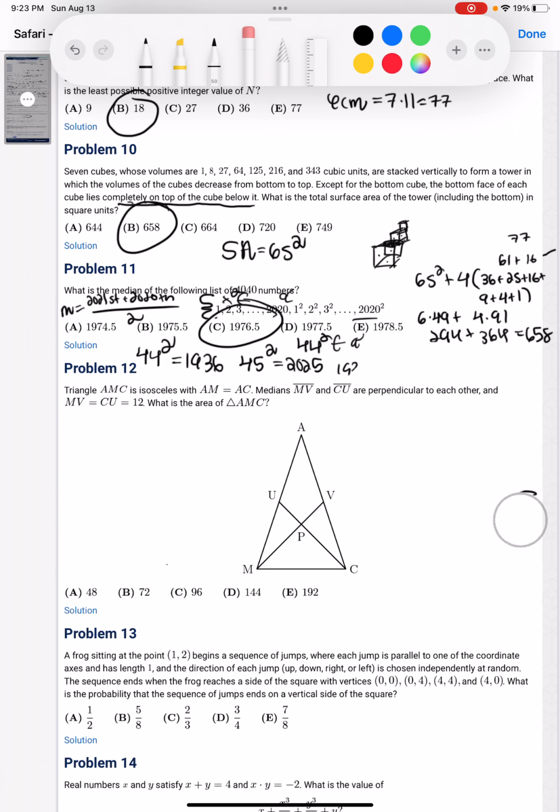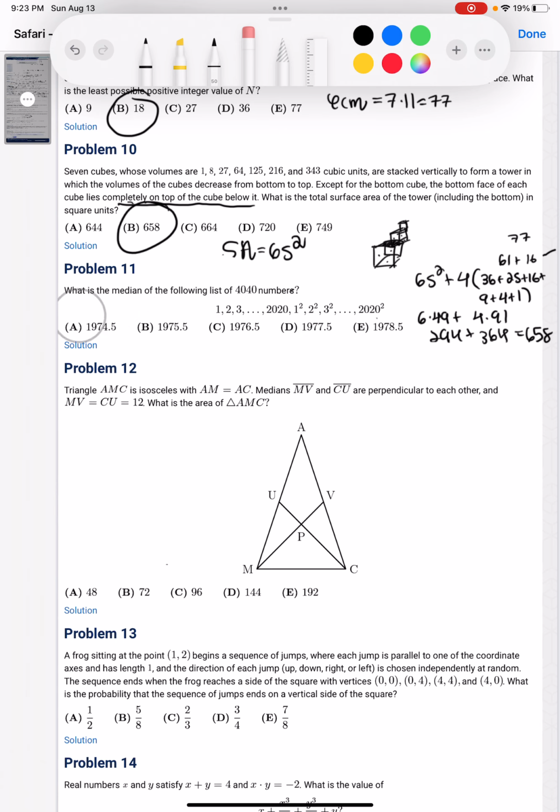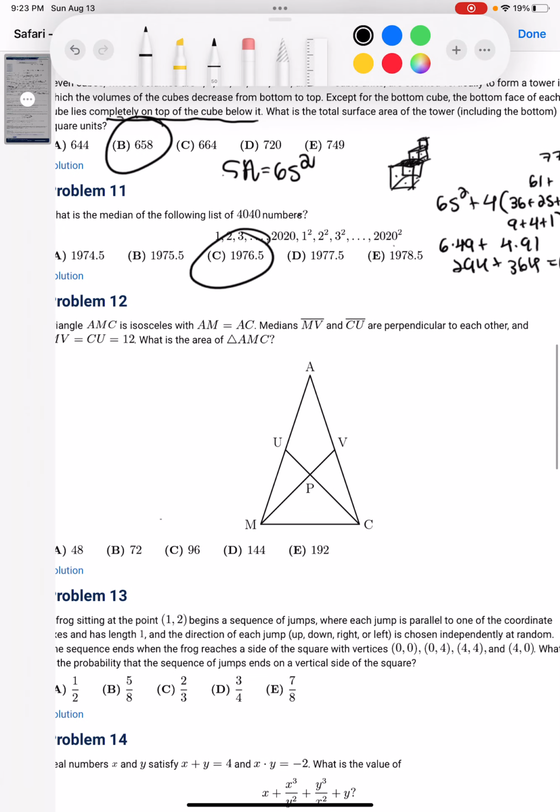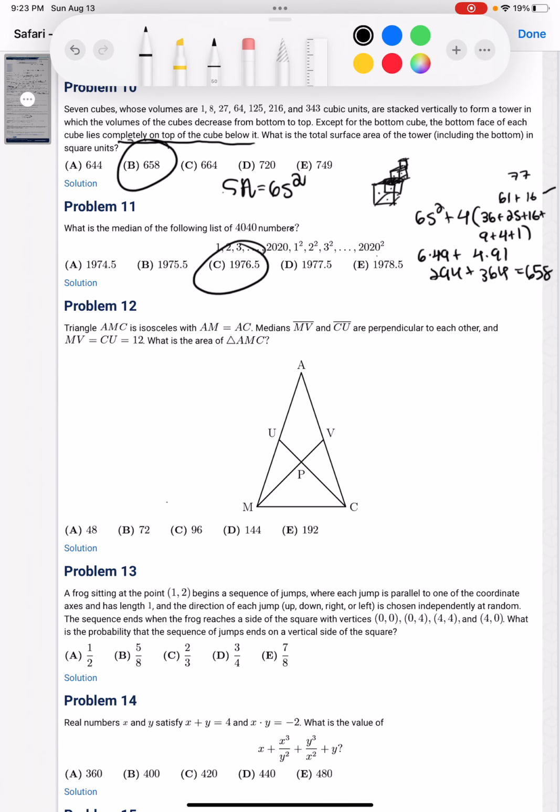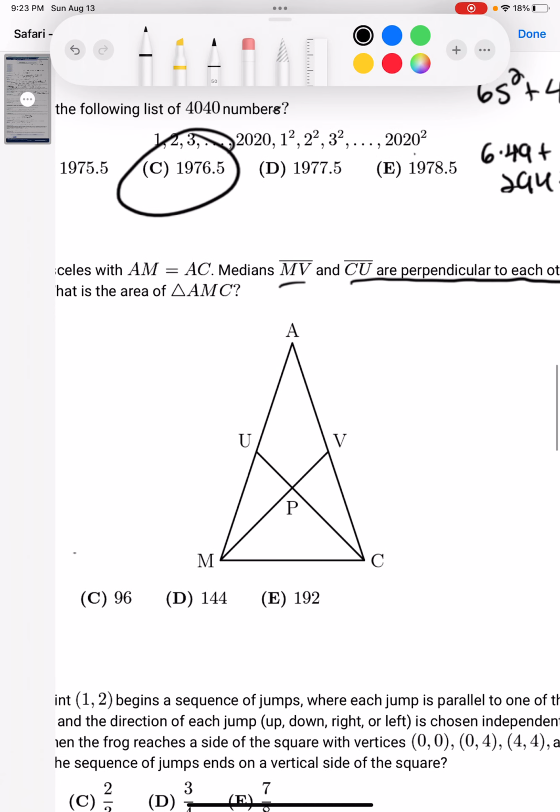Okay, let's erase some of this so we have a bit more space. I'll erase my work here. Okay, so C. Triangle AMC is isosceles with AM equals AC, which means MV and CU are perpendicular to each other. We have medians, and we can create similar triangles from medians. AUV is similar to AMC because we have parallel lines and similar angles.